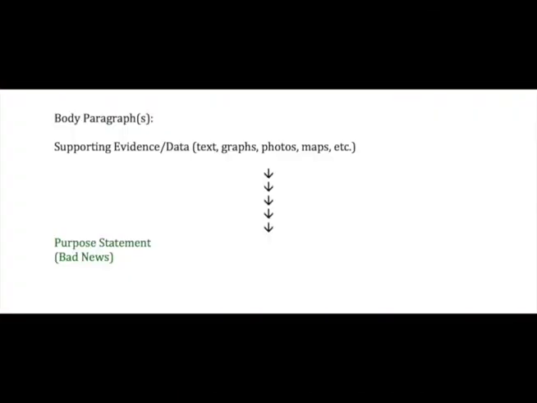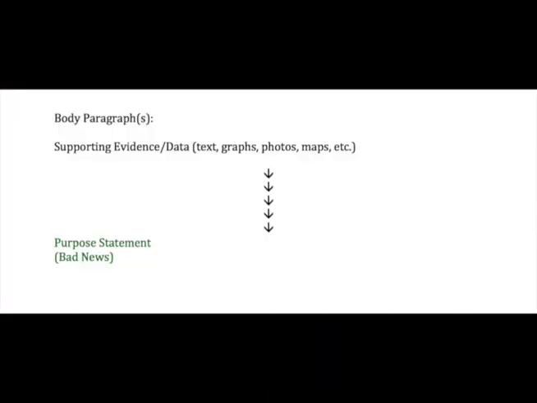You will not use it every time you have to communicate bad news, but if you want to sort of cushion the blow and keep, especially if there's an alternative that you want to propose to the reader, and you want to keep him or her reading, indirect structure might work better than stating the bad news directly at the end of the introductory paragraph. So again, in this case, after you have stated all the supporting evidence, you will give the bad news.